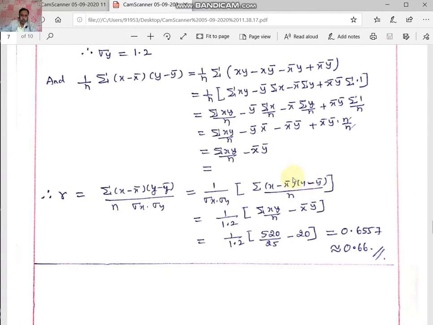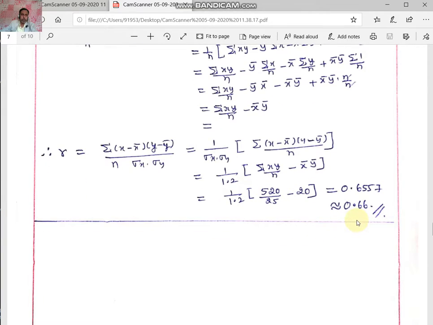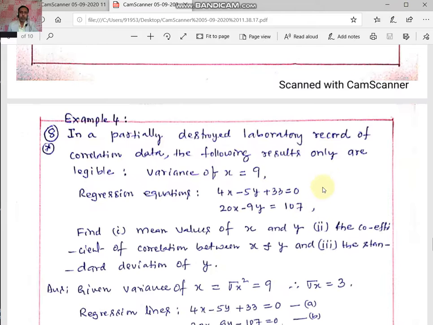This has been simplified as sigma xy by n minus x bar y bar. So instead of doing these calculations, one can remember R is equal to directly this formula, substitute corresponding values and simplify. It becomes 0.66, the correlation coefficient.